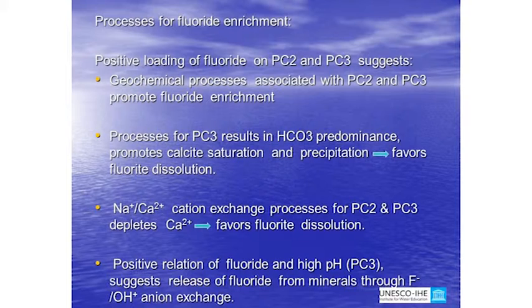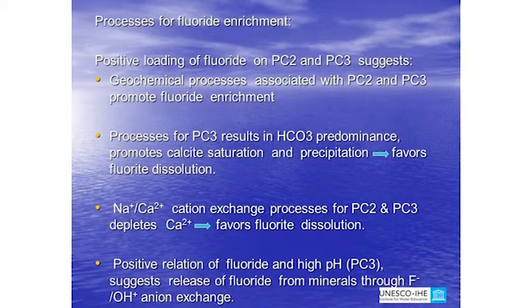Now, that is a favorable condition for the dissolution of fluorite. Fluorite is the main mineral that usually dissolves from the aquifer matrix and then releases fluoride into the groundwater system. So if there's any process that brings calcium out of solution, it enhances fluoride dissolution. So the processes with PC3 or component number 3 that bring about the bicarbonate predominance give rise to the precipitation of calcium carbonate and favor the dissolution of fluorite.